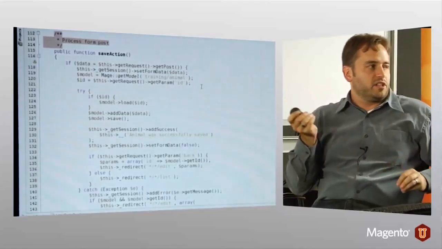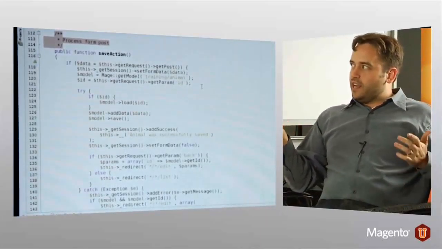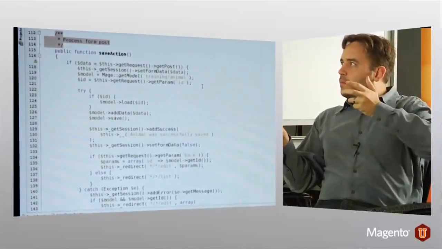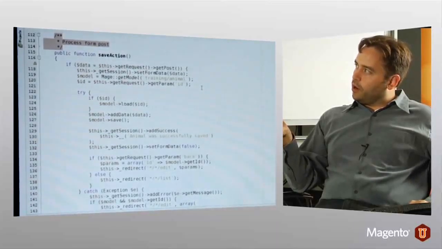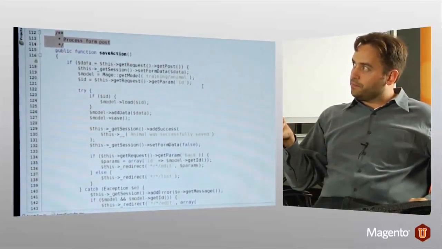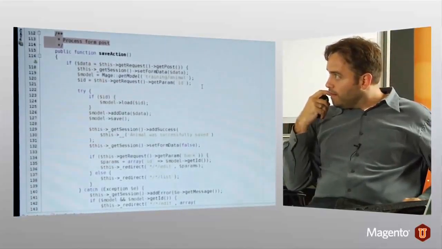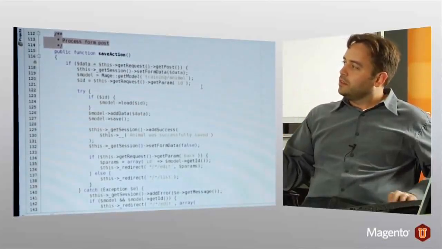That's just something that isn't implemented. But here we use this add data call to just take our array of data from our post object or our post array and press it onto our model, call model save.